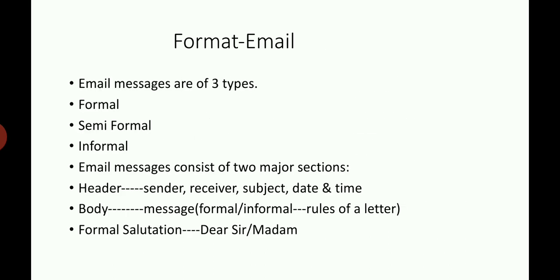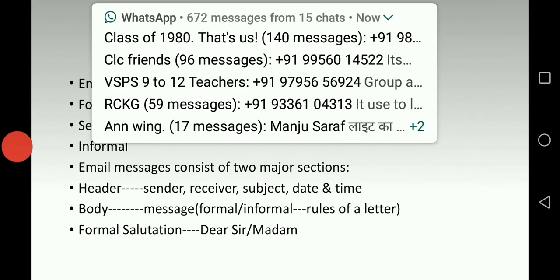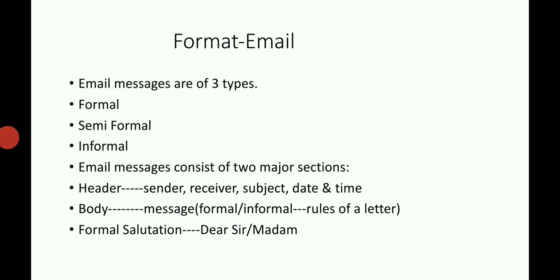Now we come to the format of an email. Before I give you the details of the format, let me tell you a few things about an email. An email, also known as electronic mail, is a method of exchanging digital messages across internet or other computer networks. It is the quickest way to communicate in writing.